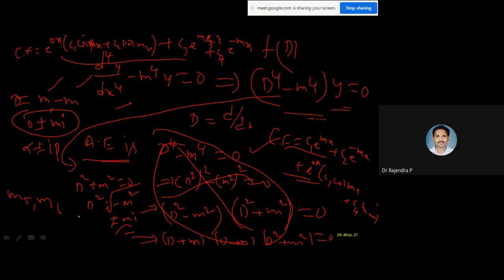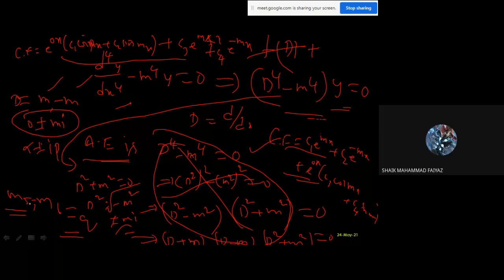These two roots are equal. Both roots are equal to some q. So in that case, what do you have to do? This is your solution up to this. For this solution, I have to add 2 more roots. m5 and m6 both are equal to q.